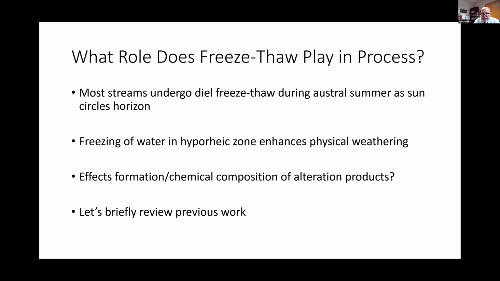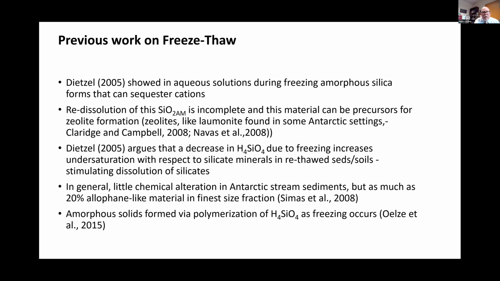And so the next slide is just a brief summary of what's known in Antarctica and in cold regions in general.